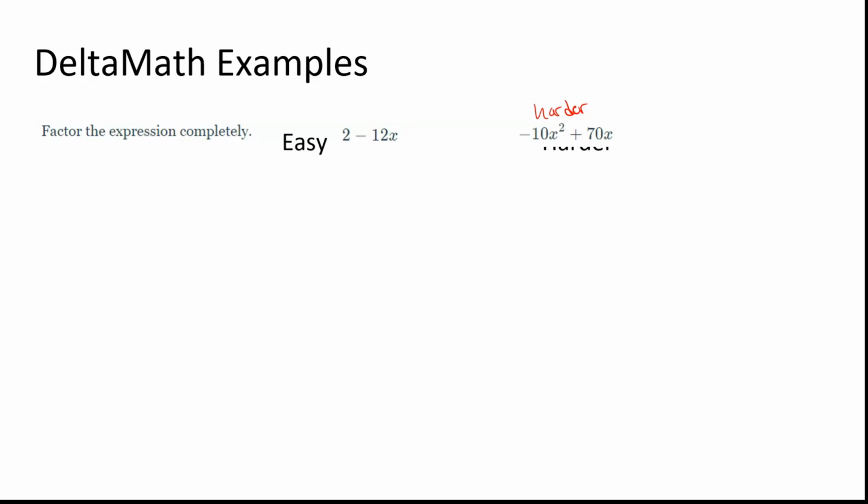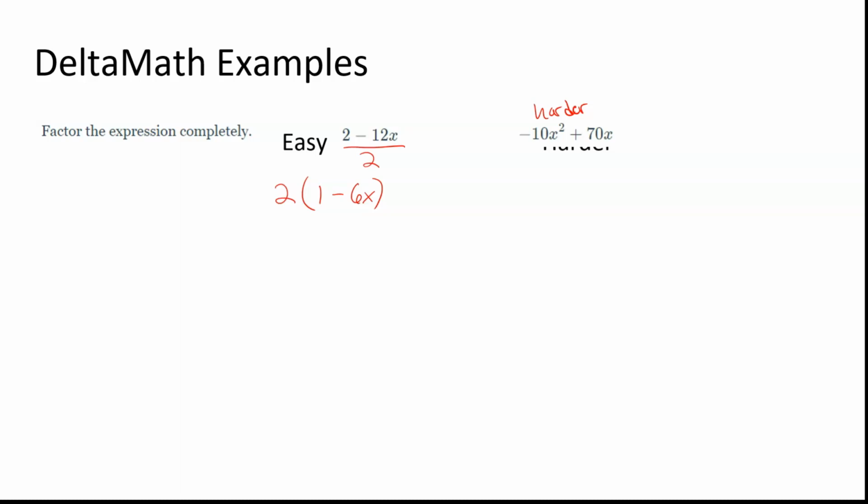Well, 2 can be divided by 1 and 2, and that is it. So the greatest common factor of 2 is going to be 2. Then the greatest common factor of 12 is also 2, because we can't go any higher. So these can both be divided by 2. That 2 is going to come out in front right here. And then 2 divided by 2 is 1, and negative 12x divided by 2 is negative 6x. So now I have factored that expression.